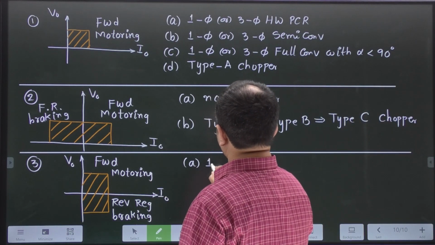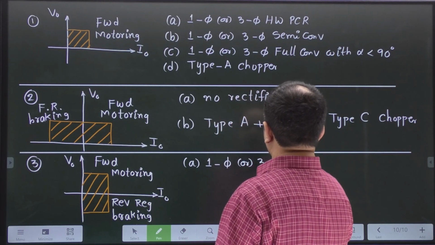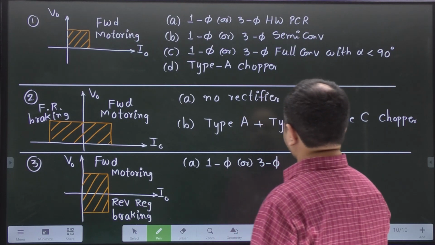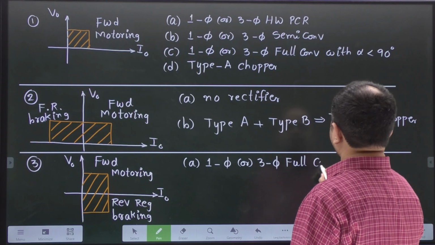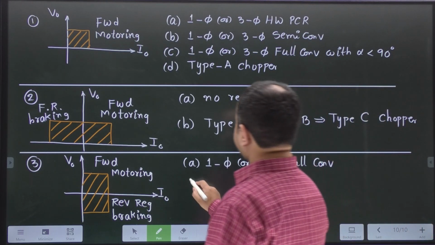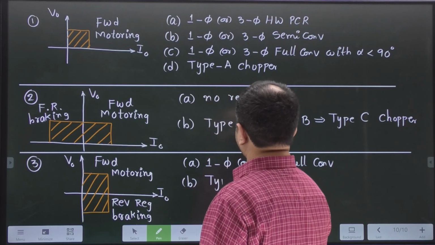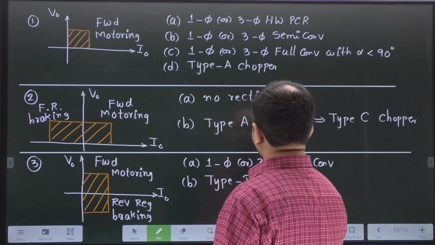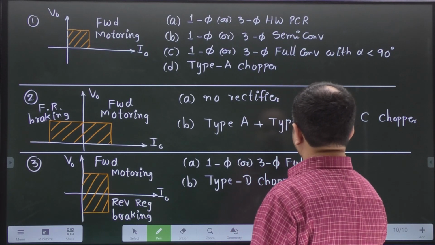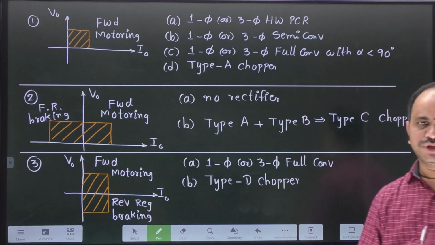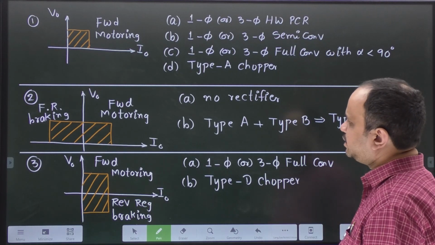Coming to rectifiers, by using either single phase or three phase full converter. In case of chopper circuits, we can use type D chopper here to get this type of feature.